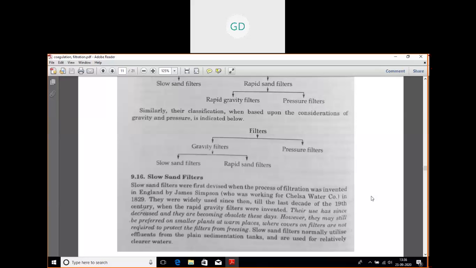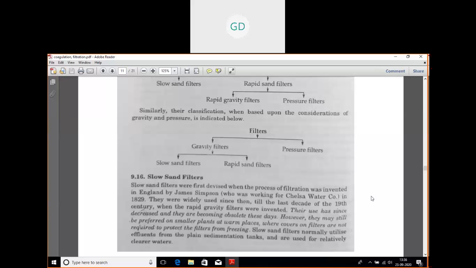Okay, that becomes costly. Nowadays, our towns and cities have all become congested, so there is not much vast area for all these things.